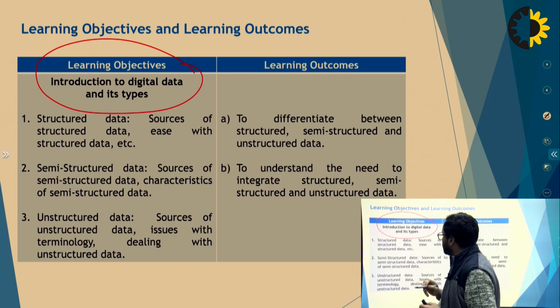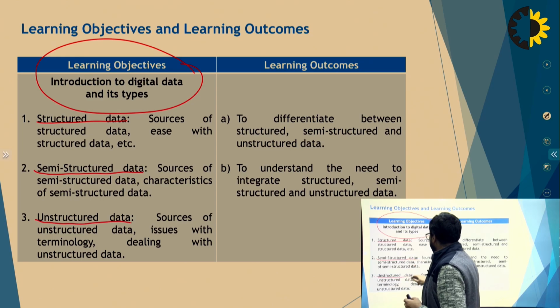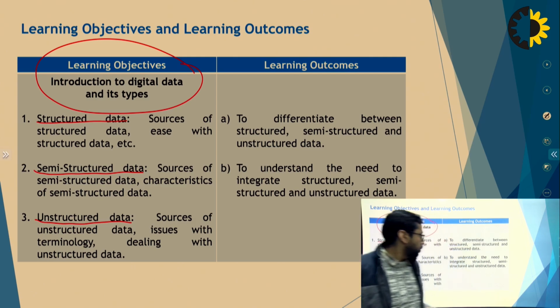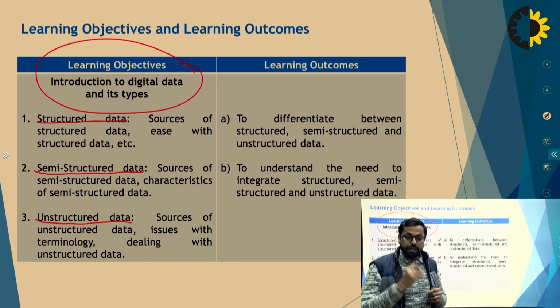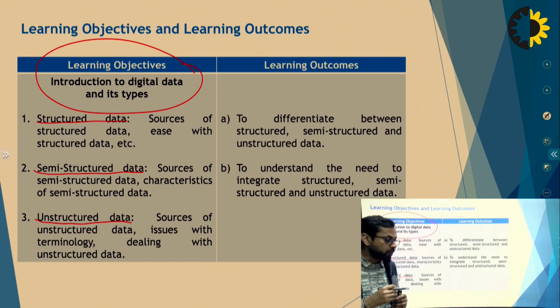Big data content is structured into particularly three types. The first one is structured data, the second one is semi-structured data, and the third one is unstructured data. The first one is structured data. The source of structured data has structured formations, present in the database in the form of rows and columns, basically in table formation.